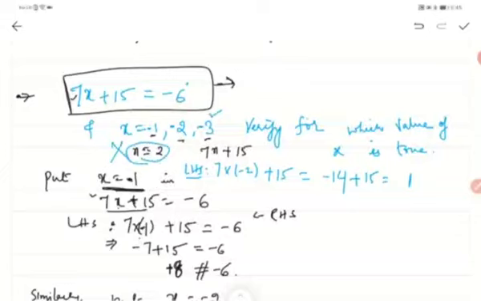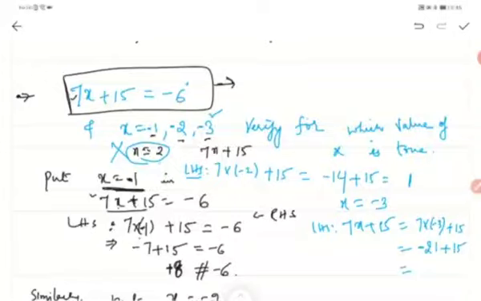Let's take the last value of x given, that is x equal to minus 3. If I substitute in 7x plus 15, that is the LHS side I'm taking, 7 into minus 3 plus 15. 7 threes are 21, that is minus 21 plus 15. Minus 21 plus 15 is what? 15, 16, 17, 18, 19, 20, 21.